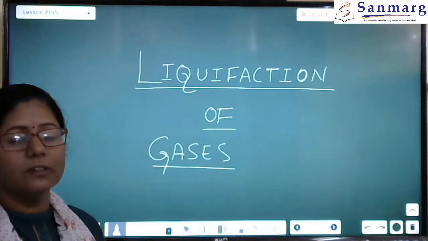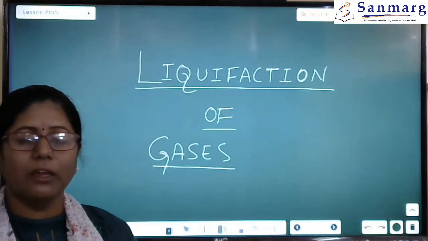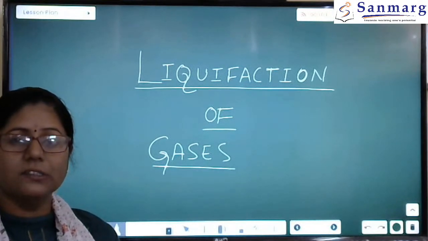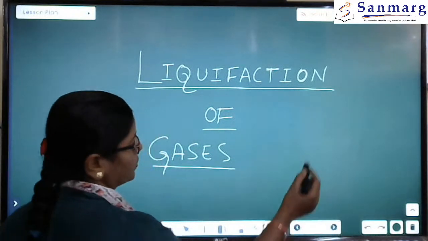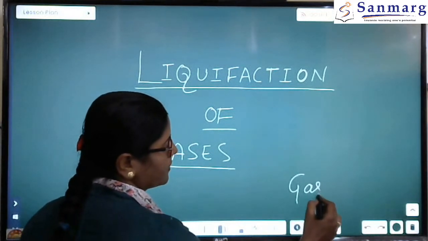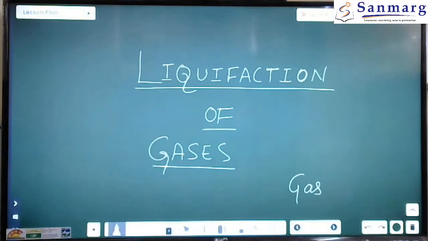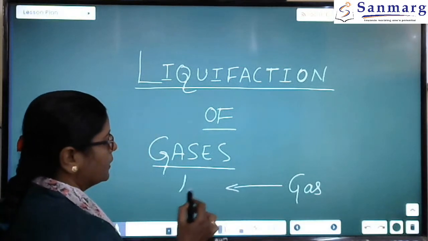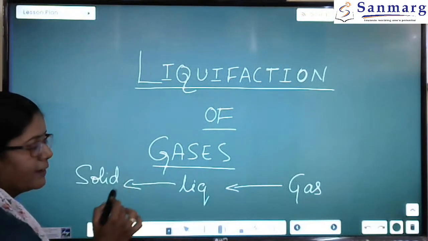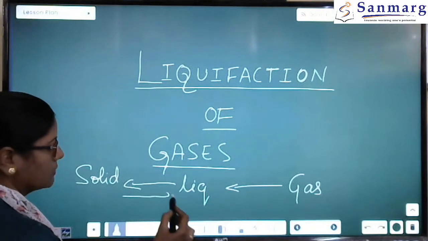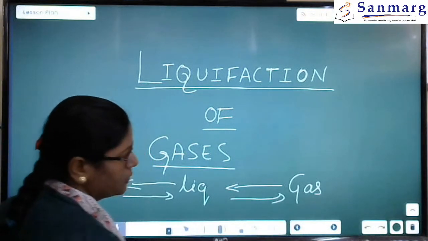Liquefaction of gases means conversion of gases into liquid. Gas can be converted into liquid, liquid can be converted into solids. All these states of matter are interconvertible. So solids can be converted into liquids, liquids can be converted into gas.